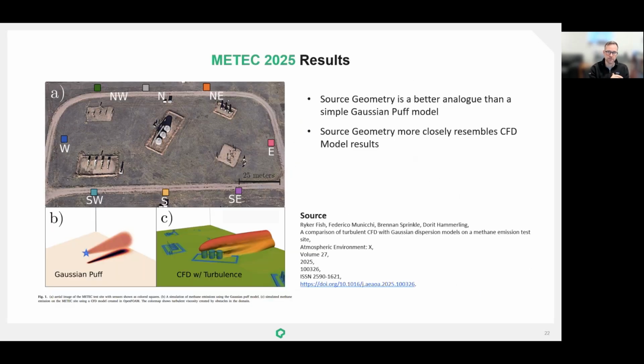You can actually see this visually from some work out of Dorit Hammerling's group out of Colorado School of Mines, where they've done the CFD model of a tank top emission. And you can see on the right here what this looks like at the fence line compared to just a simple Gaussian puff or Gaussian plume model.